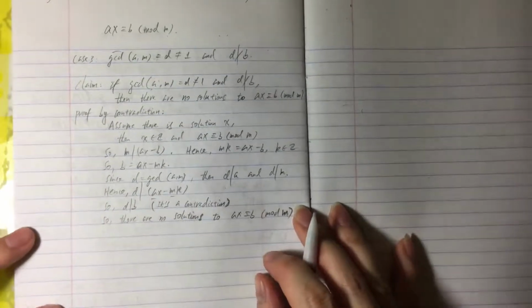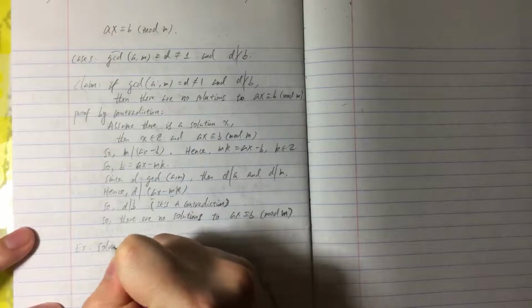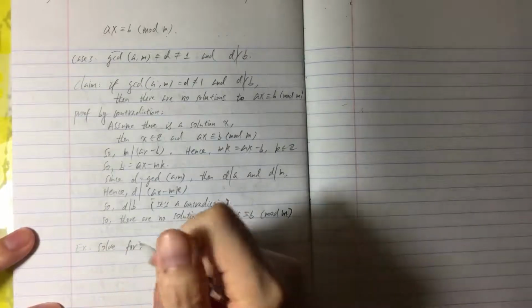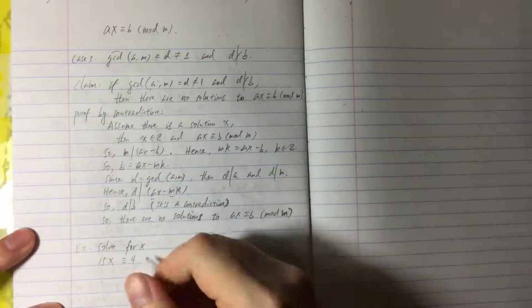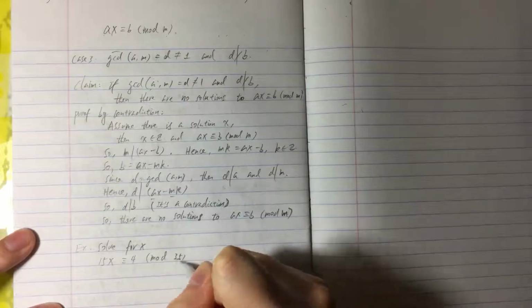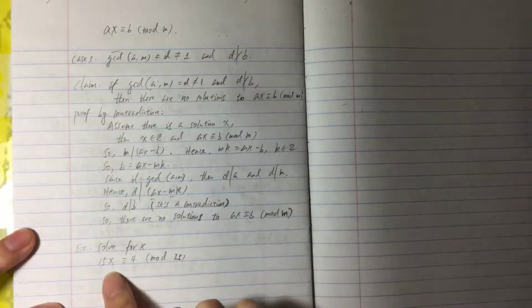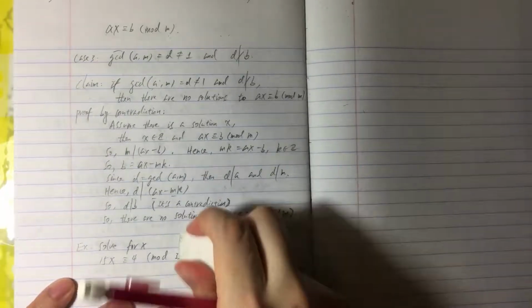Next, let's do a simple example. Solve for x. If I give you 15x ≡ 4 (mod 35), how do we solve for x?